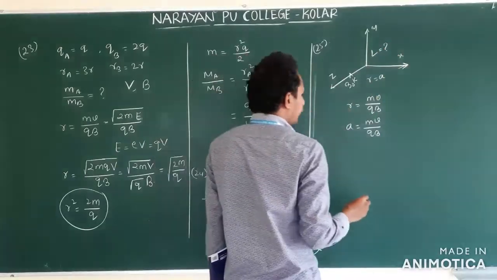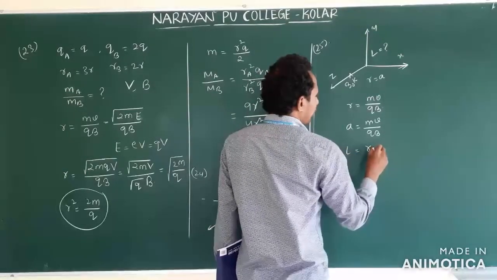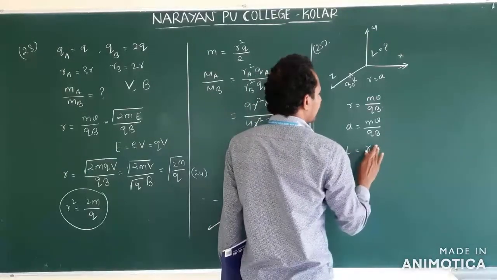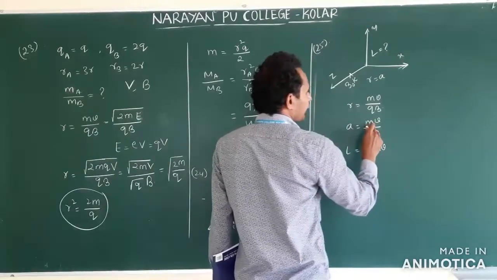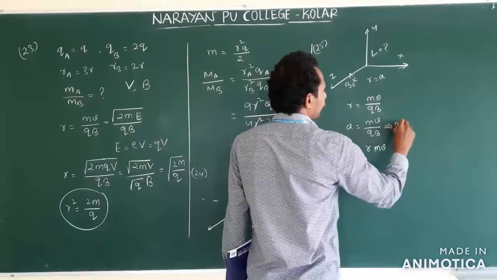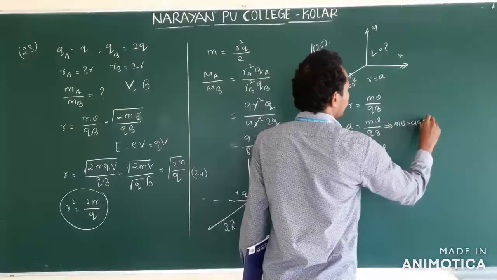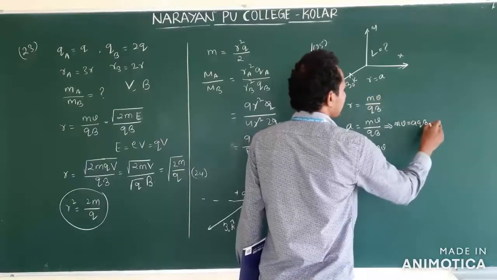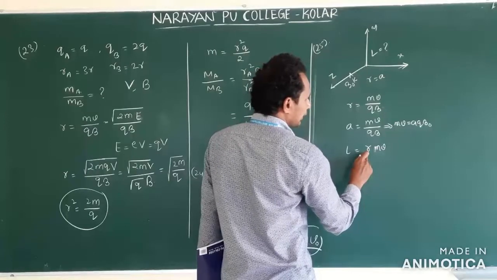So what is the angular momentum formula? L is equal to r cross p, or r into mv. From this, make mv the subject. What do you get? mv is equal to a q B. B is given as B naught, and r is given as a.